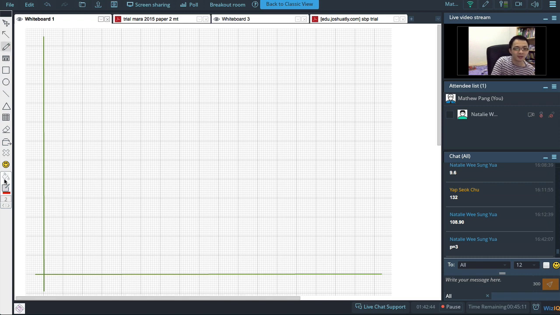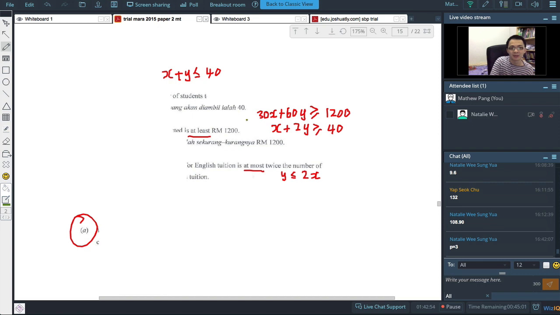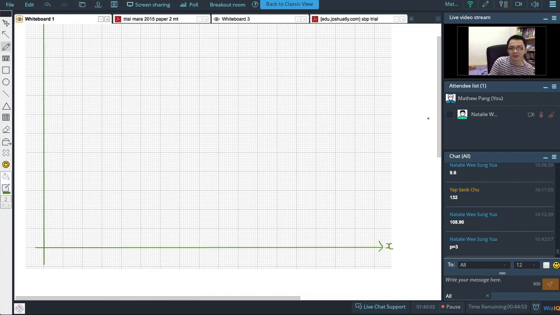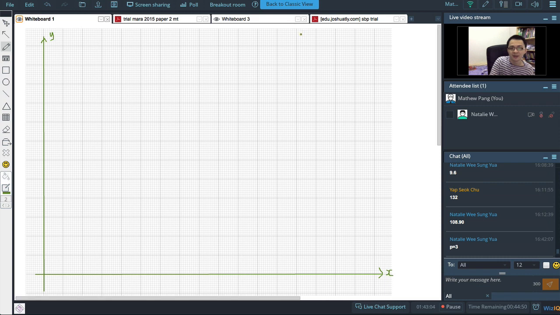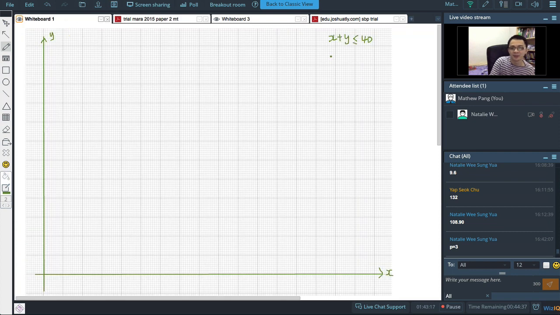Alright, then I will write down everything here. This is Y, this is X, and I will need all my equations. I have X plus Y less or equal to 40, and X plus 2Y bigger or equal to 40.